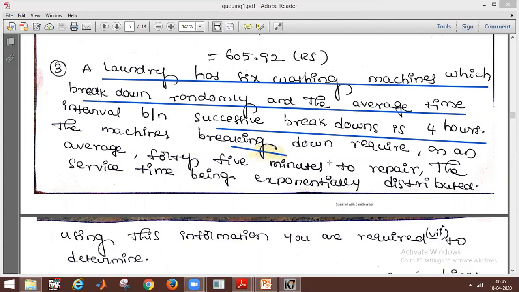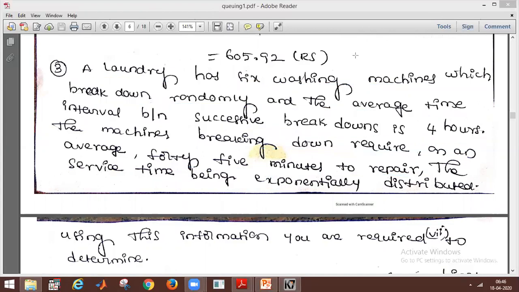A machine breakdown requires on average 45 minutes to repair, the service time being exponentially distributed. Using this information, you have to determine the values.